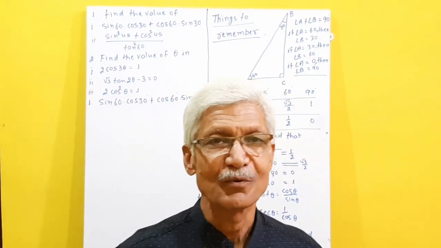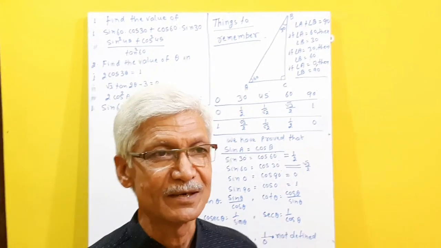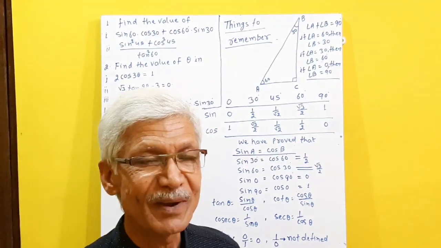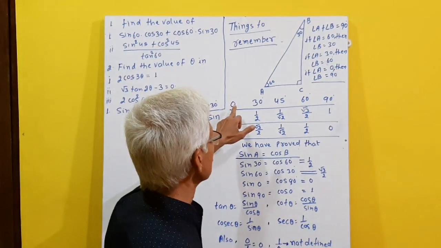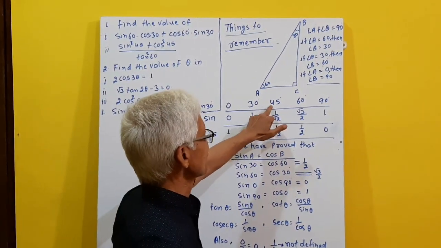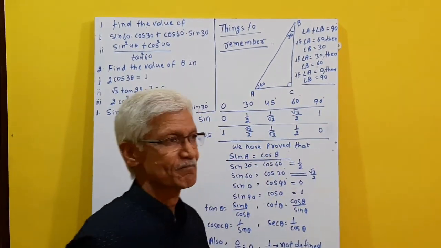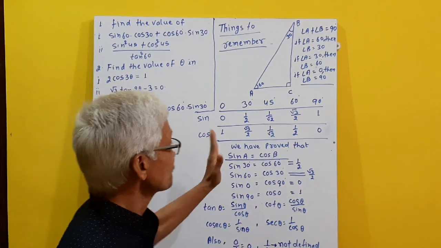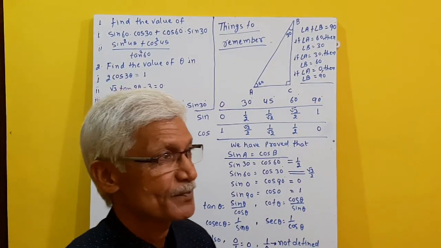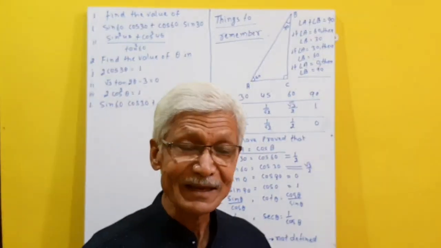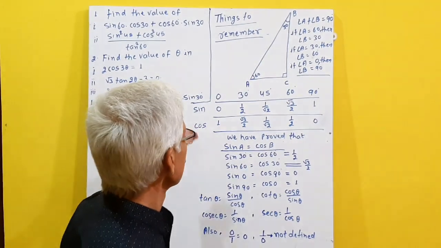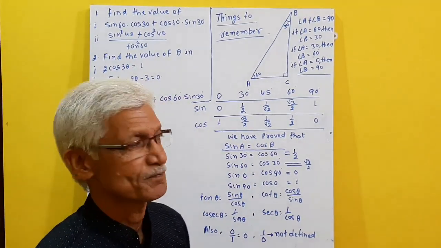In the last segment, we calculated the value of some trigonometric ratios for 0, 30, 45, 60 and 90. Today I want to tell you how they are related to each other.